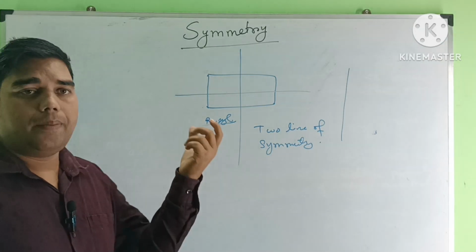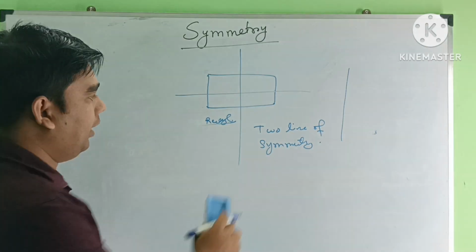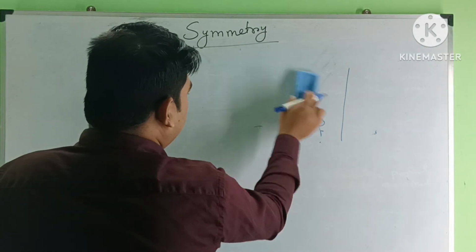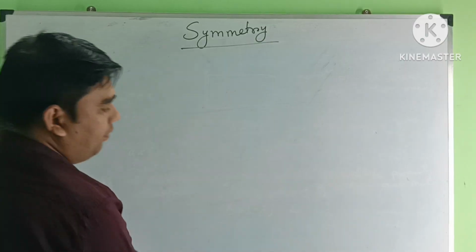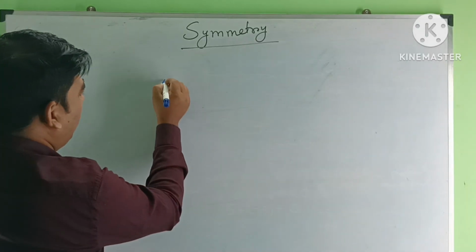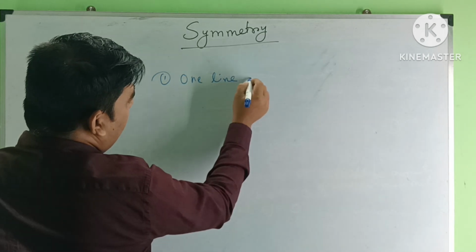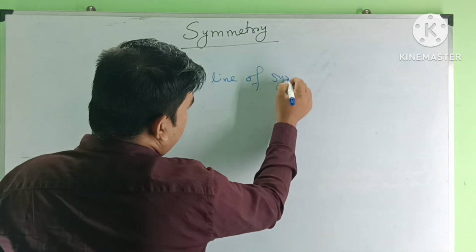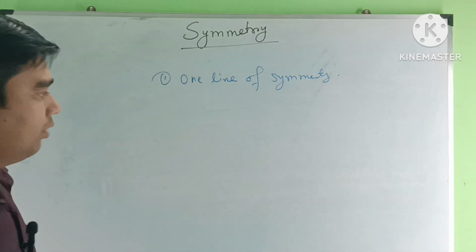You draw one line of symmetry, you draw two lines of symmetry. First, suppose one line of symmetry.